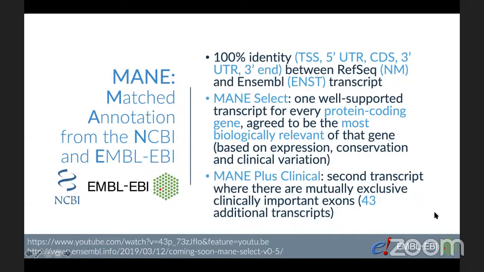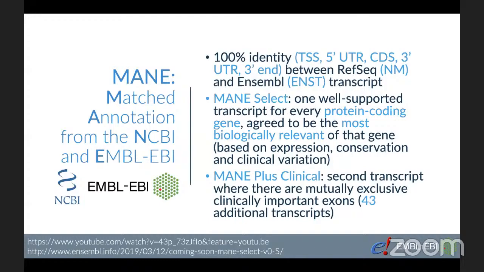Another important concept is the MANE project, which is sort of another reassurance of transcript quality and relevance. So MANE stands for Matched Annotation from the NCBI and EMBL-EBI. So what is it all about? Well, I have to start by saying that NCBI has their own gene annotation, their own gene set called RefSeq.